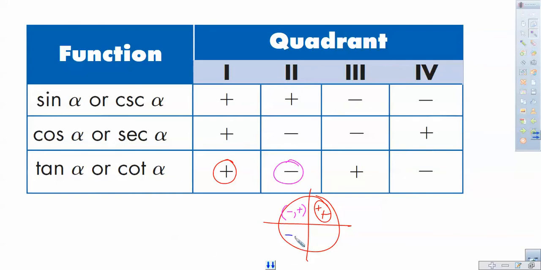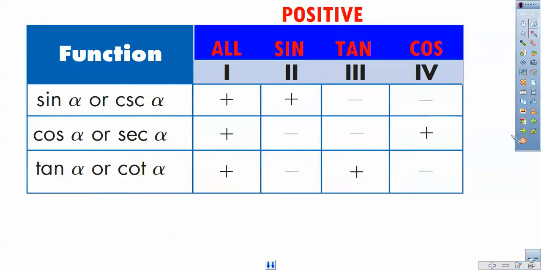Down here, because both are negative, a negative divided by a negative is going to create a positive for tangent. And then when we're over here, we'll still have that negative result. So we can summarize it just like this. All of them are positive in the first quadrant, all six of them.